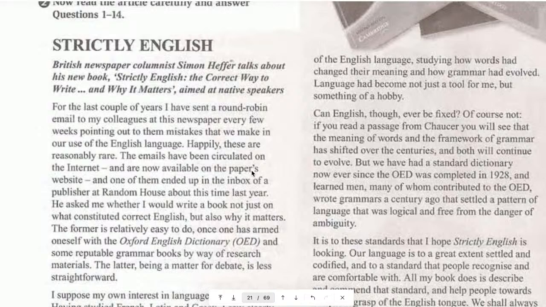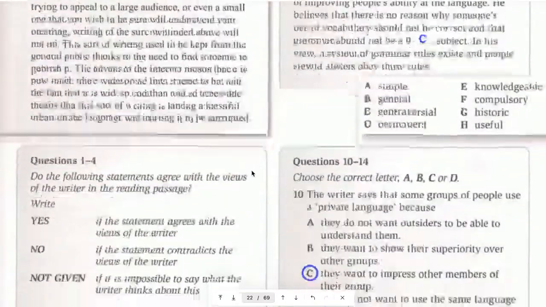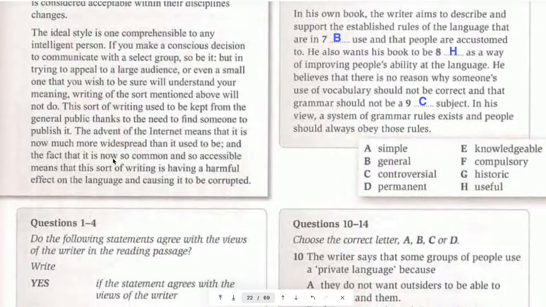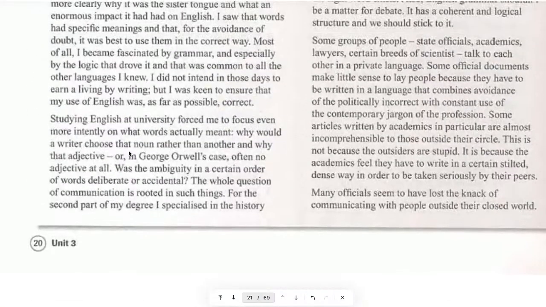Because if you miss something, that means that maybe your answer is not correct. You must be able to find all of the information related to the question. And here, we need two things. The first one is word order, and the second one is the choice of words. Two things. And here, from what you said, we just find the word choice and not the word order.